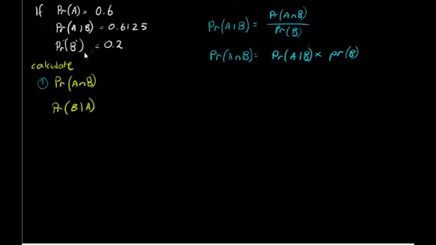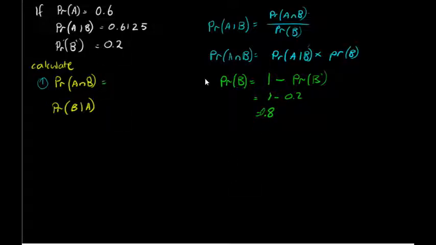We know what not B is, and so we can use that to work out the probability of B by using our complementary events. So the probability of B is the same as 1 minus the probability of not B. So 1 minus 0.2, so it's 0.8.